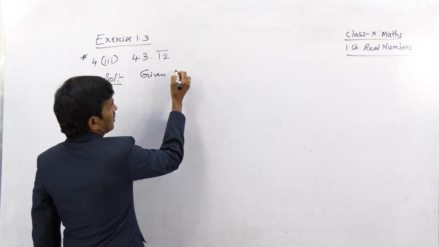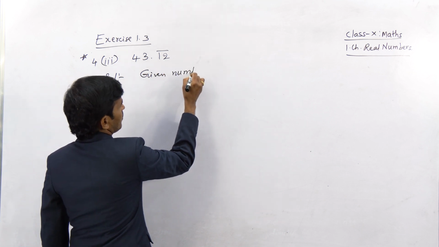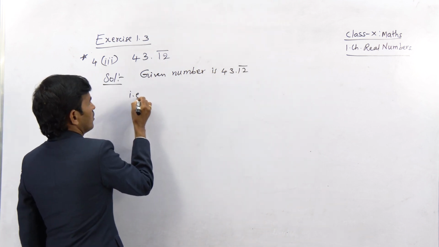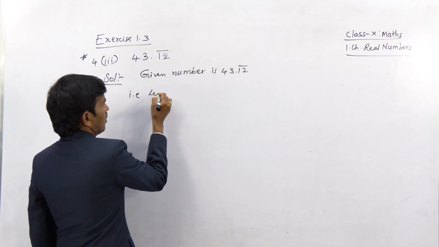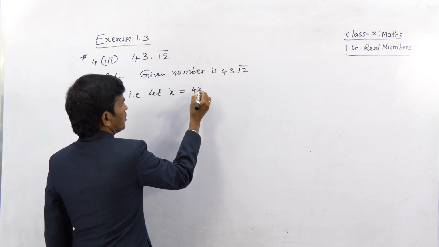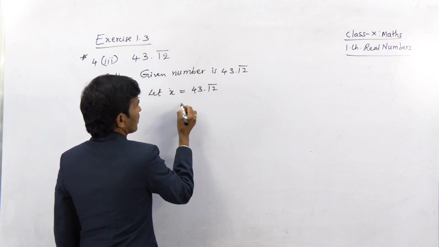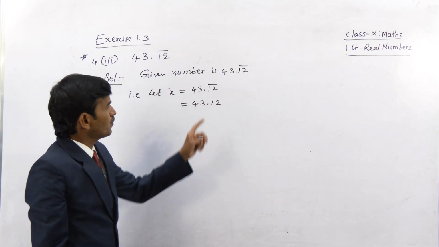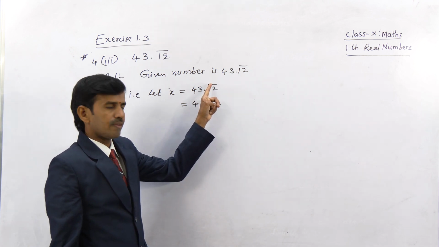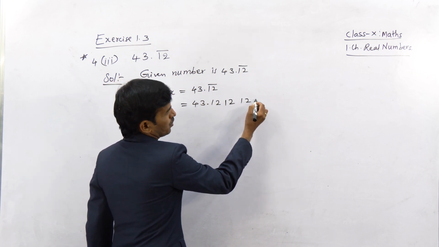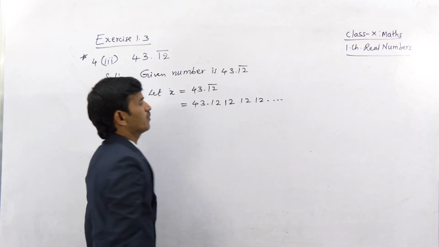Let us consider the given number 43.12 bar. Let x be equal to 43.12 bar. If you remove the bar or vinculum, it becomes 43.121212 and so on.